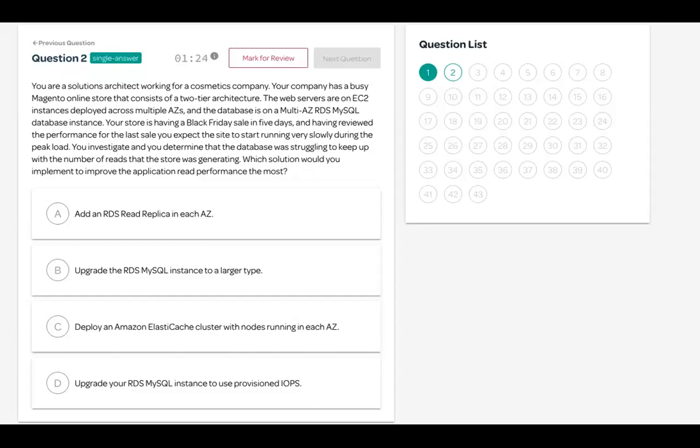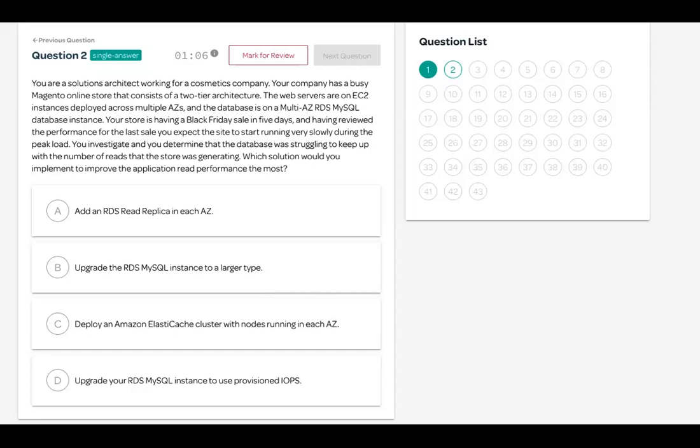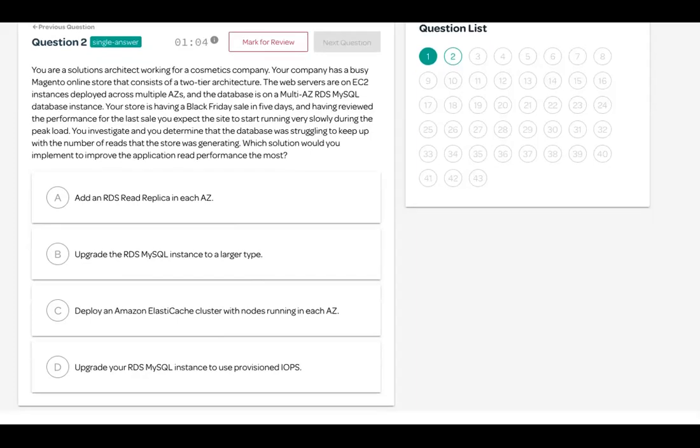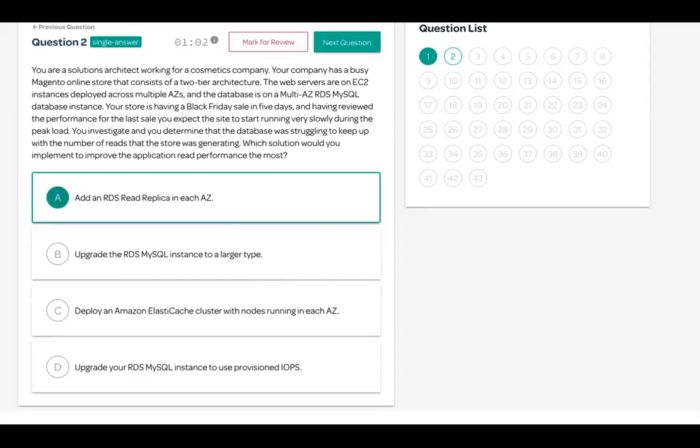You investigate and determine that the database was struggling to keep up with the number of reads that the store was generating. Which solution would you implement to improve the application read performance? Whenever there is a read performance issue, always go with the read replica. So you can go with a read replica in each availability zone because this is multi-zone.